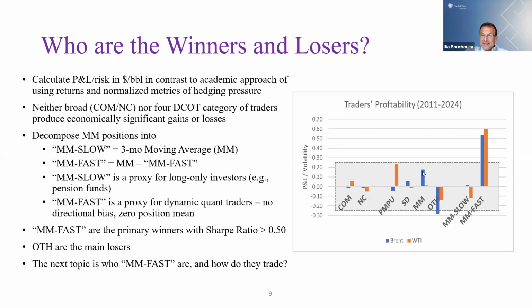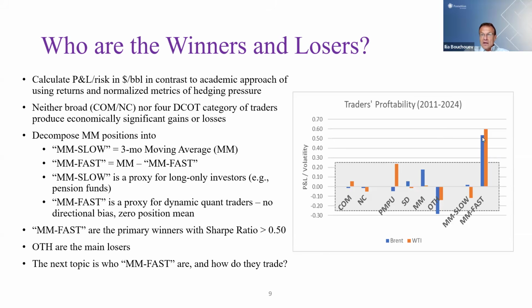And it turns out they're indeed making money. Since the beginning, since I have it for 14 years, both in WTI and Brent, they're generating about a 50% Sharpe ratio, which is not bad because this is an aggregate of all the hedge funds in that category, including the losers. There are losers too.